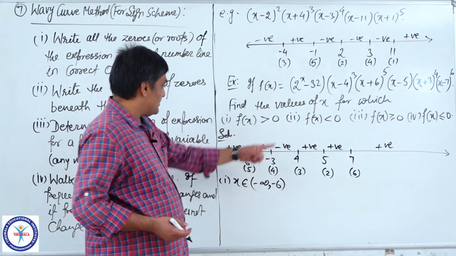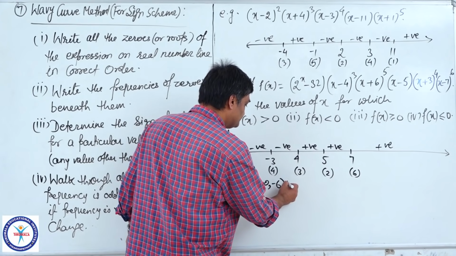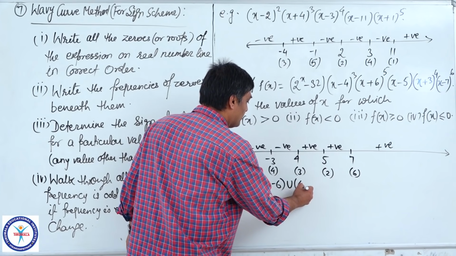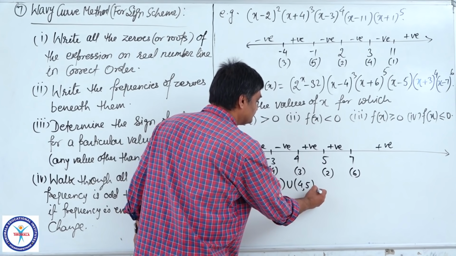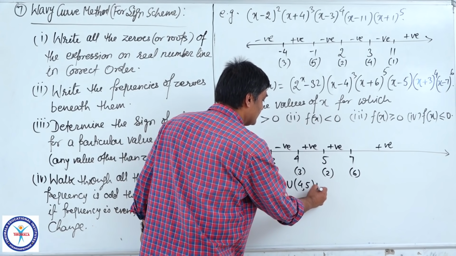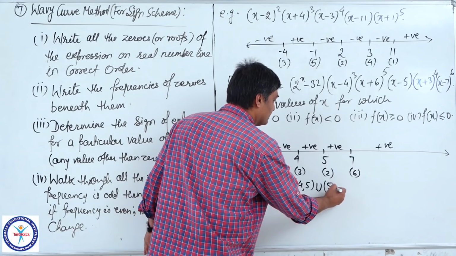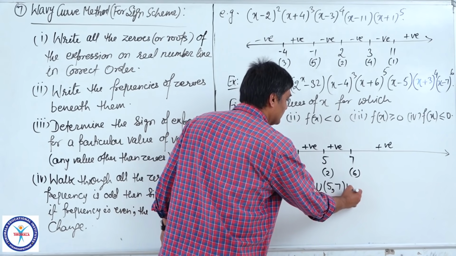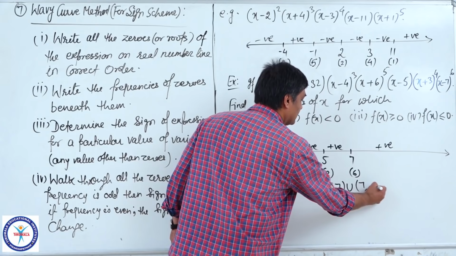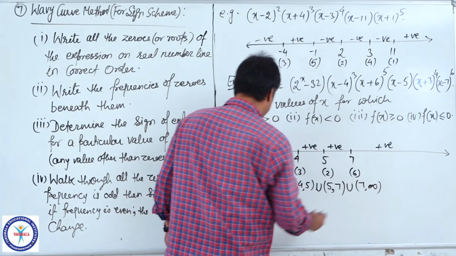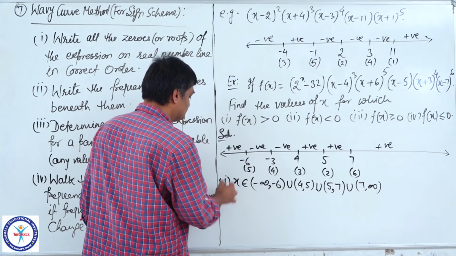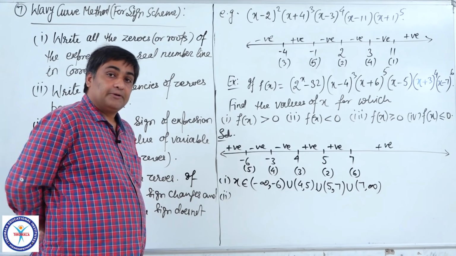Now where is it positive? 4 to 5, union 5 to 7, union 7 to infinity. Okay.